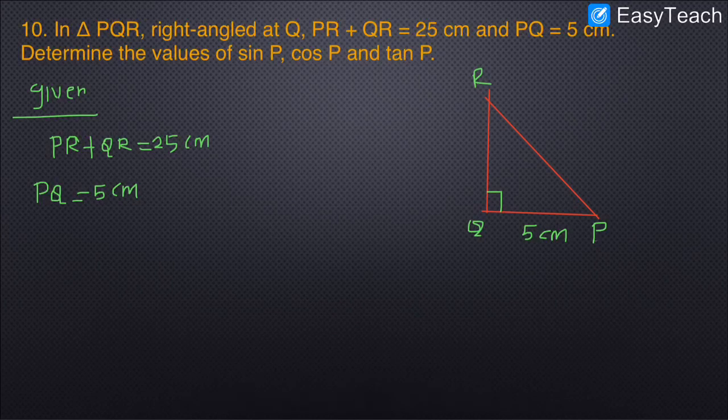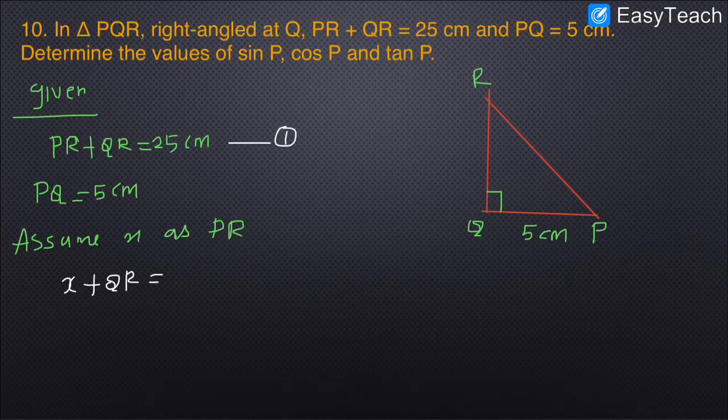So, PR and QR both together, the summation of the two is 25. Since we do not know any one value here, I am going to assume the value x for PR. So, what will happen? This equation, x plus QR equal 25.